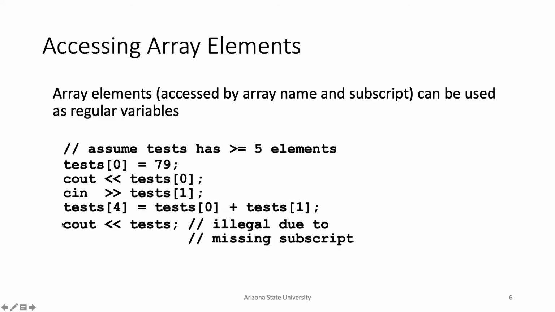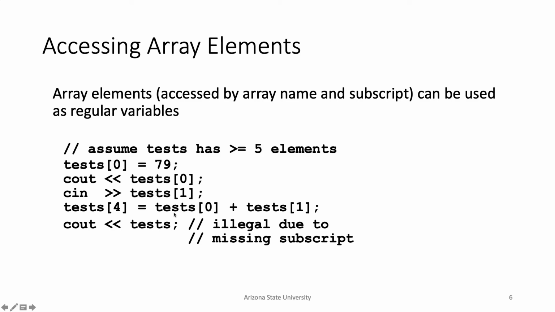This is something that we won't actually talk about yet. If you wanted to print the array, you can't just do this, unfortunately. You can't just print out tests, because it turns out that arrays are a generalization of something we'll talk about later, and tests is actually just a memory address. So the word tests itself is just a memory address.